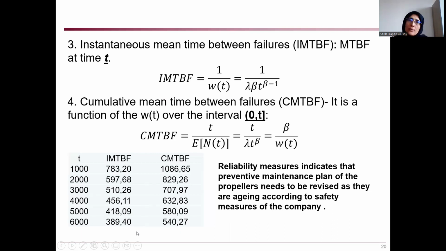So looking at all these reliability measures, the preventive maintenance plan of the propeller needs to be revised as they are aging, so that the company can keep the safety standards according to its benchmarks.